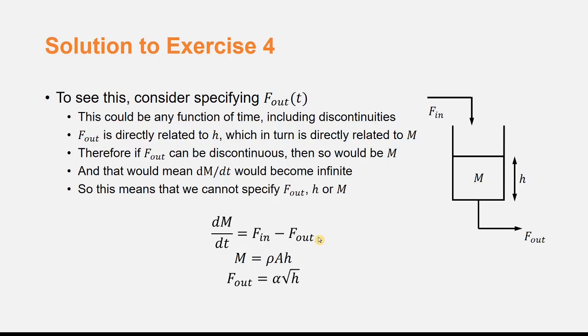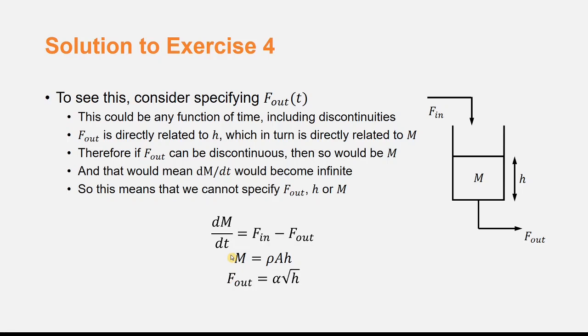Now let's see what would happen if we choose a discontinuous function for F out. Well, F out is directly related to h through the third equation. Then h is directly related to m through the second equation. That means that if F out is discontinuous, then so is m.